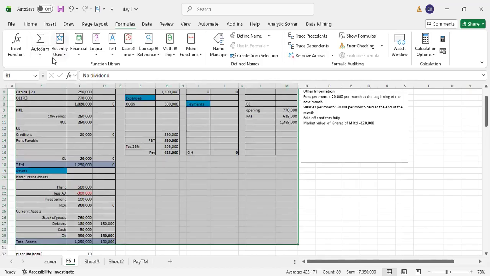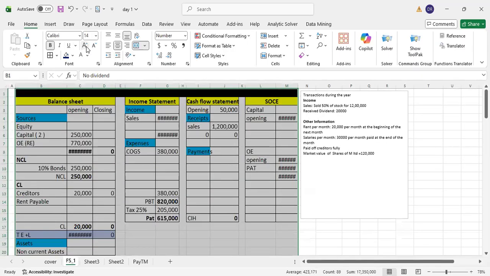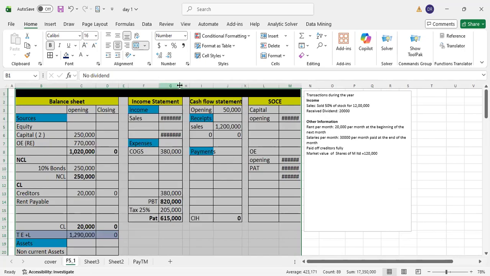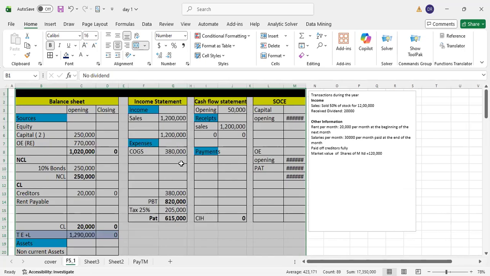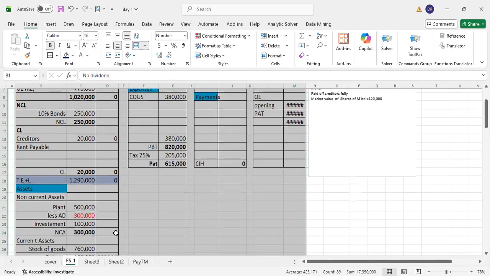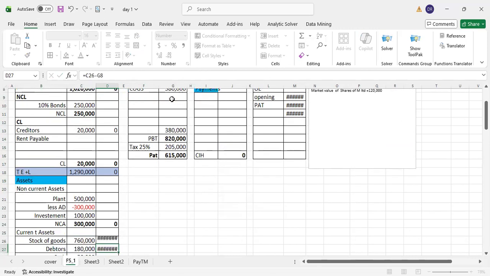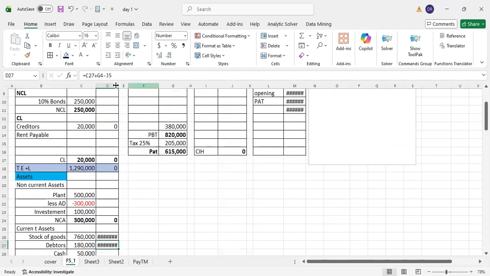So 50% of the stock available is sold off now. So to that extent, the stock becomes an expense and there is a corresponding reduction in the value of the stock.